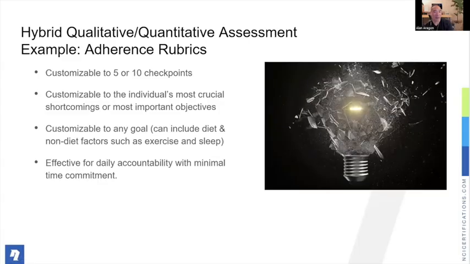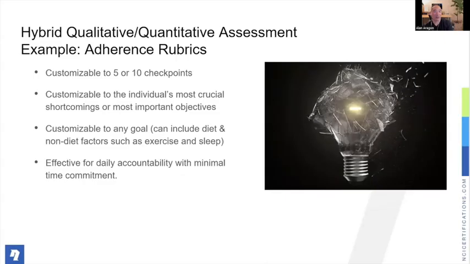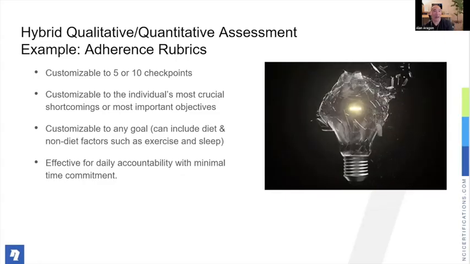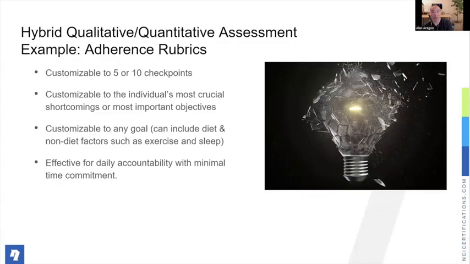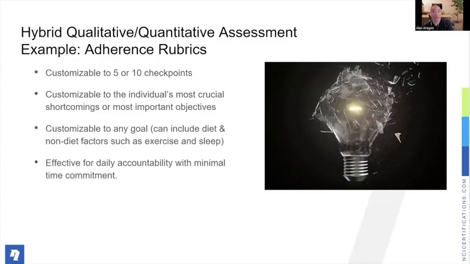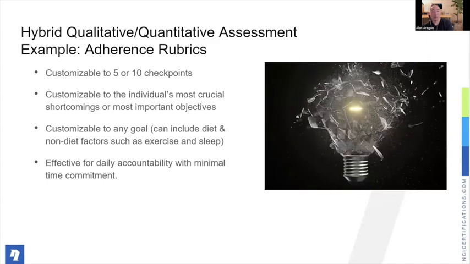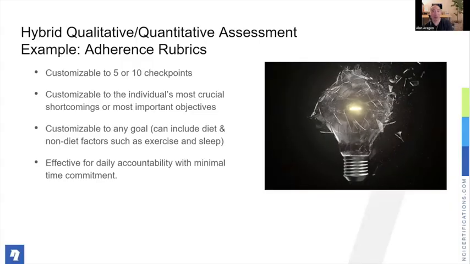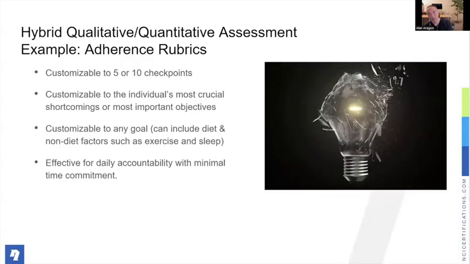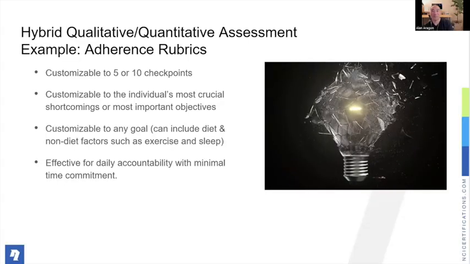And the beauty of using adherence rubrics is that it's effective for daily accountability, and there's minimal time commitment on both sides, on the client's side as well as your side. So it makes the process of check-ins a lot quicker and less painful.